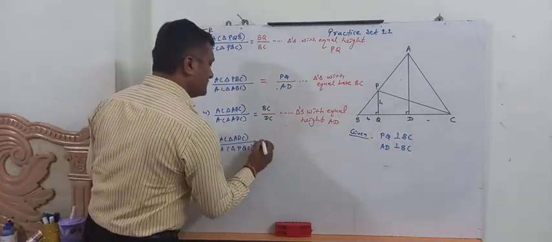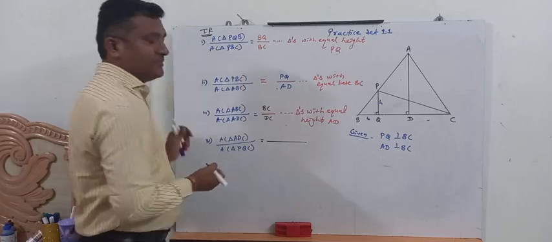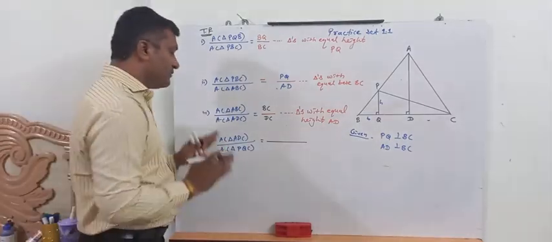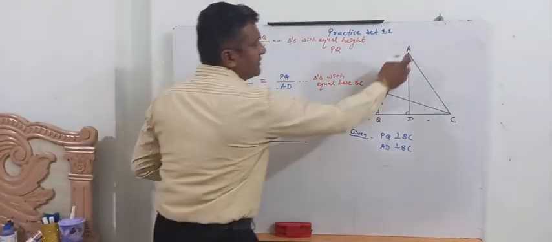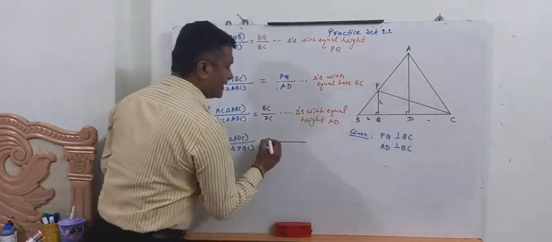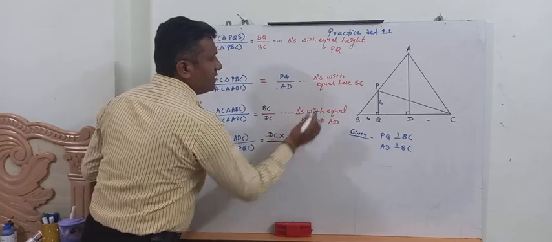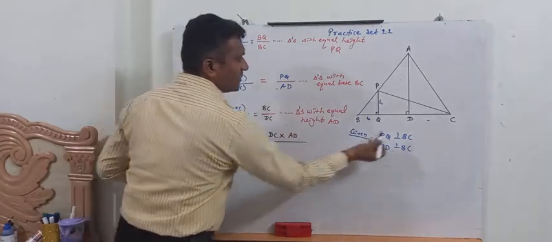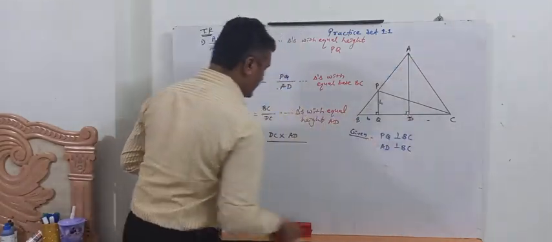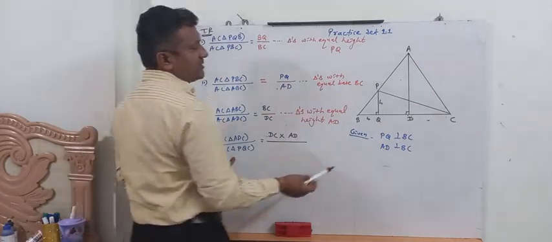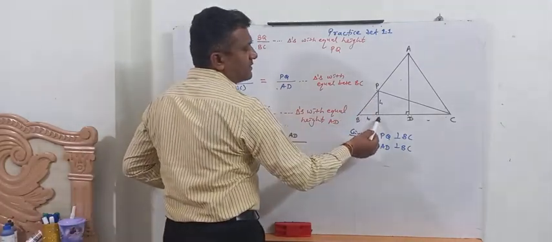And the final one, triangle ADC. So again what I will do, in the same manner, for triangle ADC, find out which is the base and which is the height. ADC, base I can consider DC over here and height will be AD. Look, this is the base, this is the height. And second triangle PQC, look at this PQC.